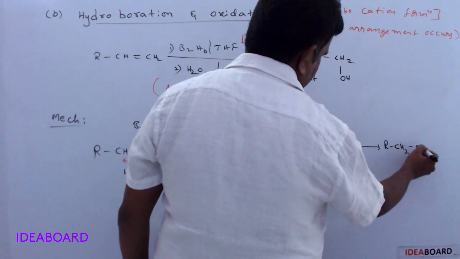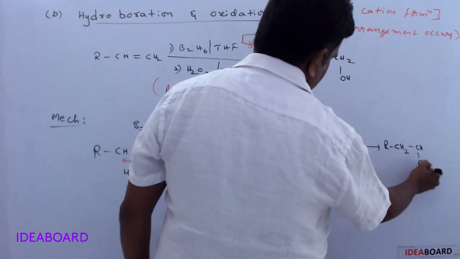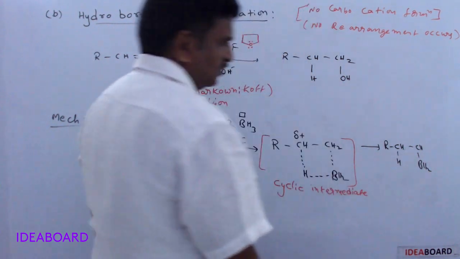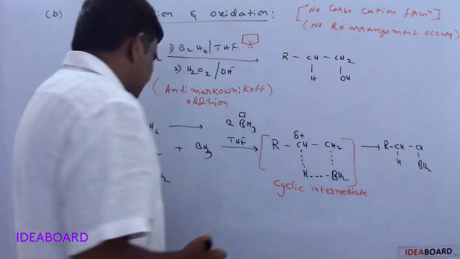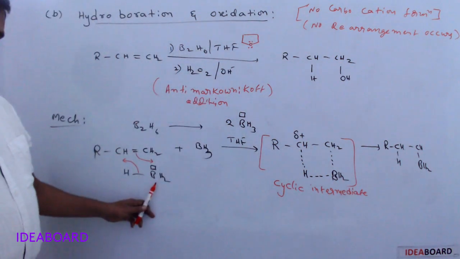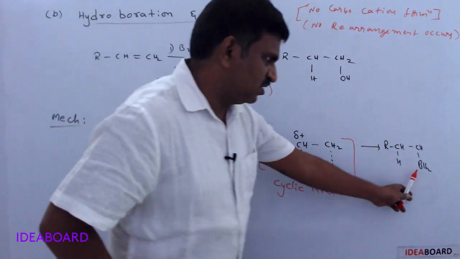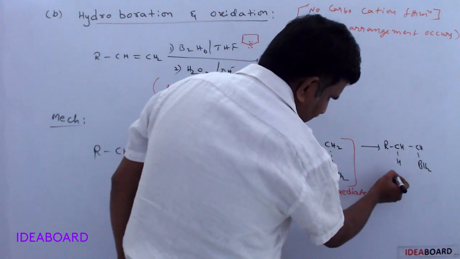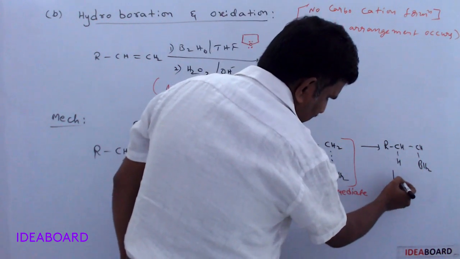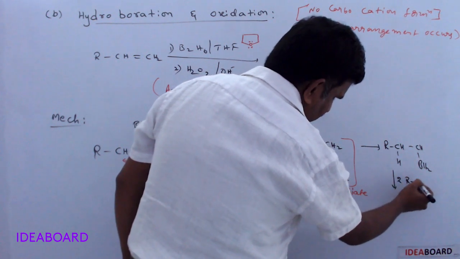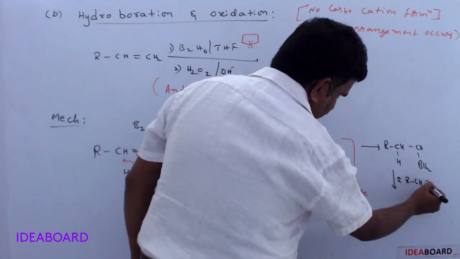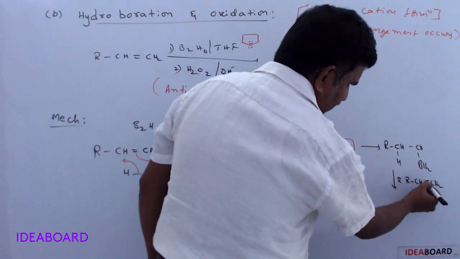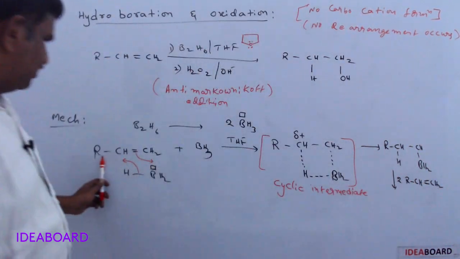Later on, this is converted to RCH2CHBH2. There are two more hydrogens on the boron BH2, so I can write the remaining also, taking two more RCH double bond CH2, the same type of reactants.